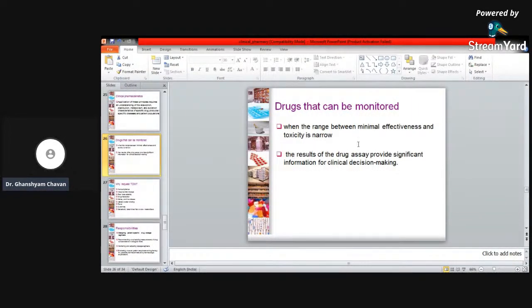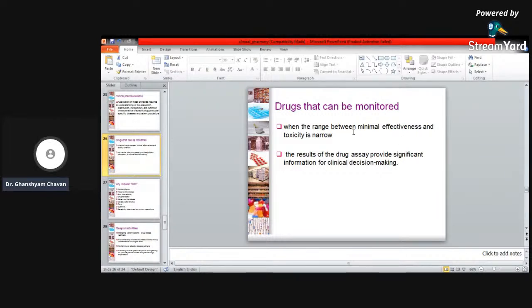There are certain drugs that I would like to discuss with you. The drug phenytoin, its range is 50 to 100 mg per liter. Next drug is digitoxin. Its range is 0.8 to 2 microgram per liter. So we need to know at which dose it should be maintained.